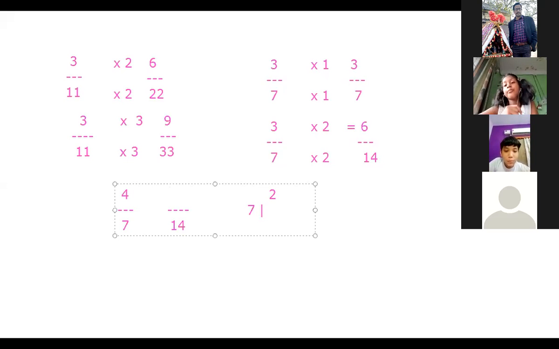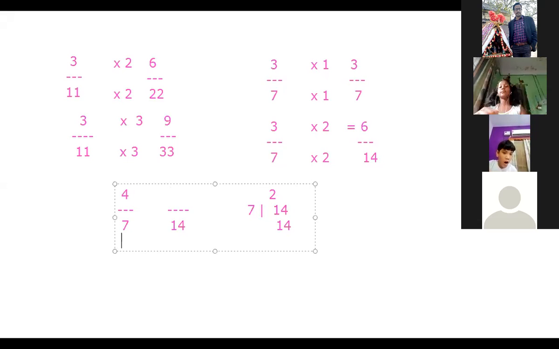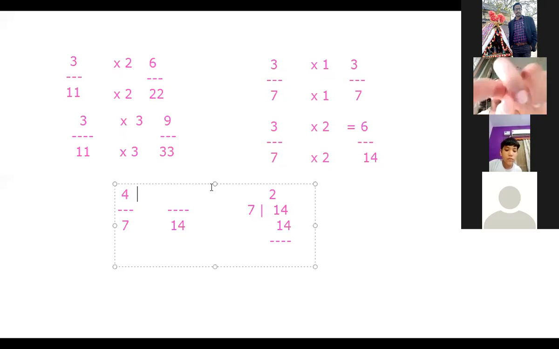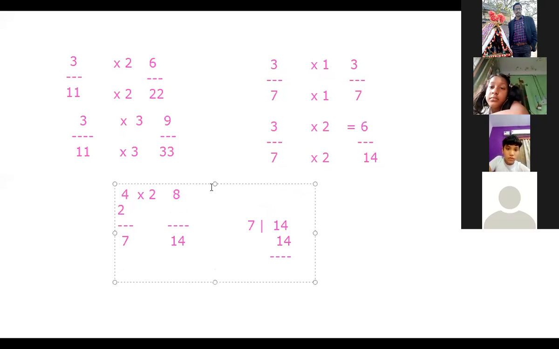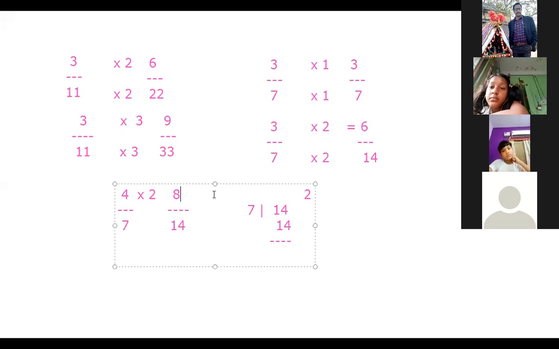It will be 2 times. 7 twos are 14. So what is the quotient? 2. What do we have to do? We have to multiply the numerator 4 with 2. So what is the result I will get? 8.